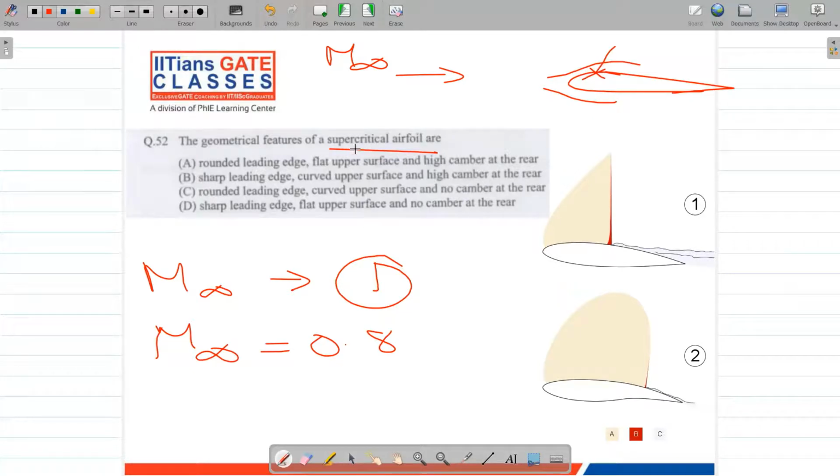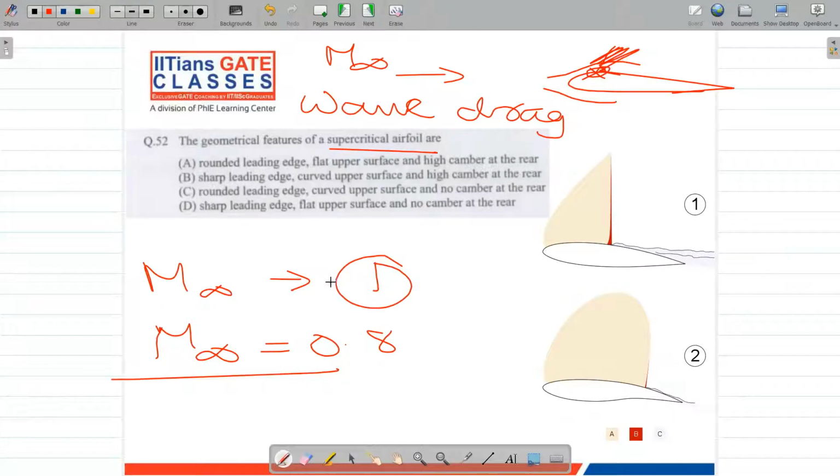This local acceleration can create shock waves and a huge amount of wave drag. That is why we want to delay such flow accelerations as much as possible. We do not want to get huge wave drag even though we are flying at subsonic velocities. That is why they use supercritical airfoils.